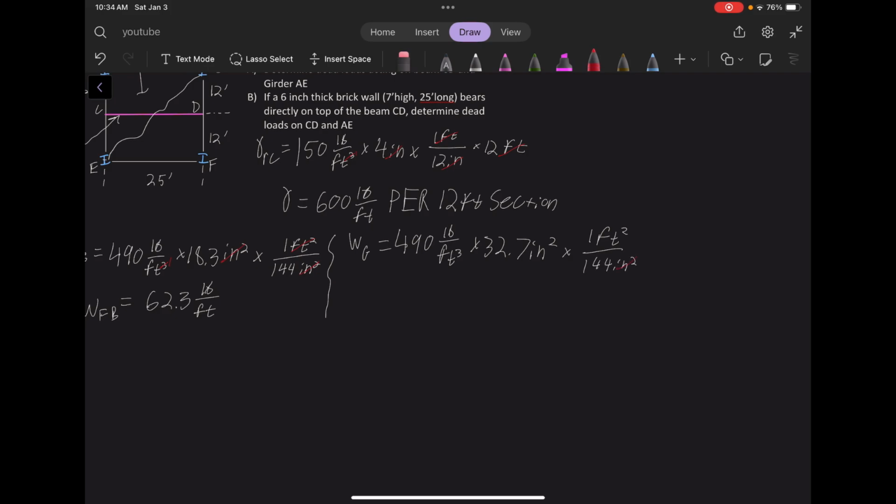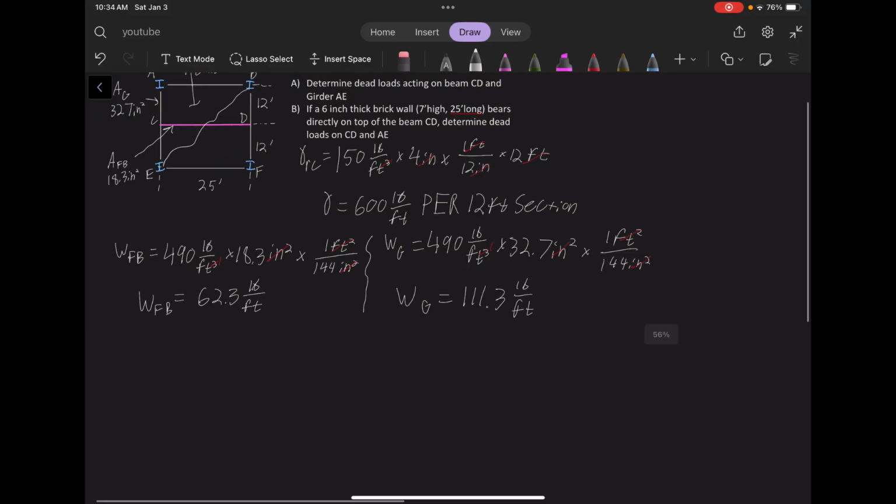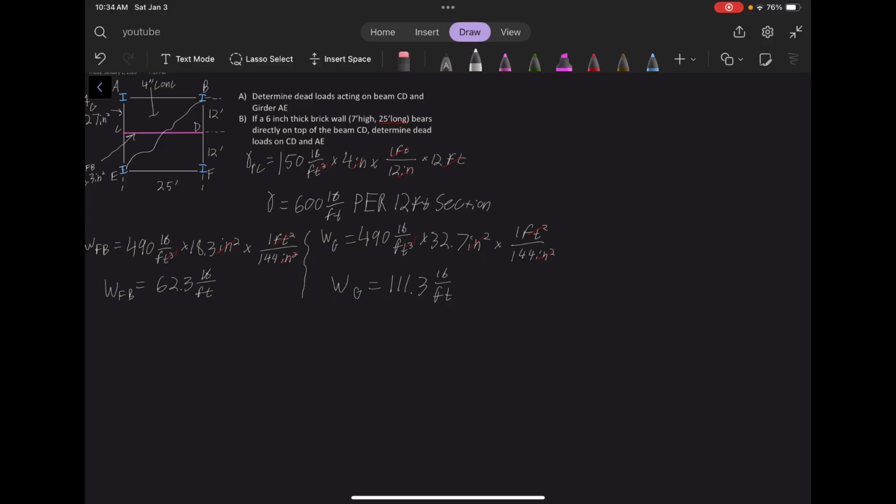Again, canceling. We're going to be left with the self-weight of the girder equal to 111.3 pounds per foot. Okay, so now we have our self weights.